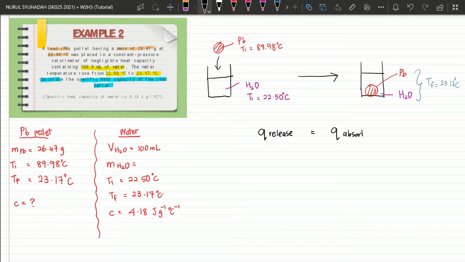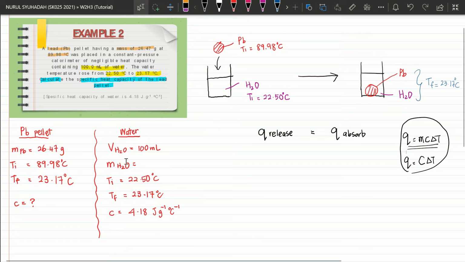For Q we have two different equations: either Q equals MC delta T, or Q equals heat capacity times delta T. This depends on what information we have. For this question, we will use Q equals MC delta T because both of our components have mass.